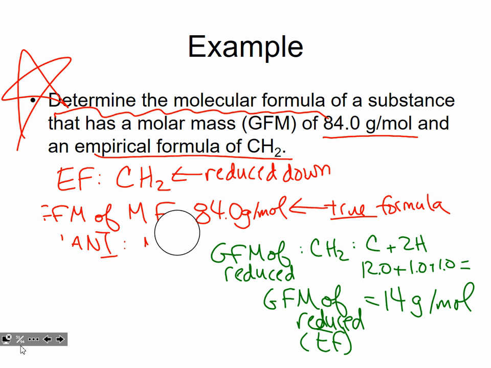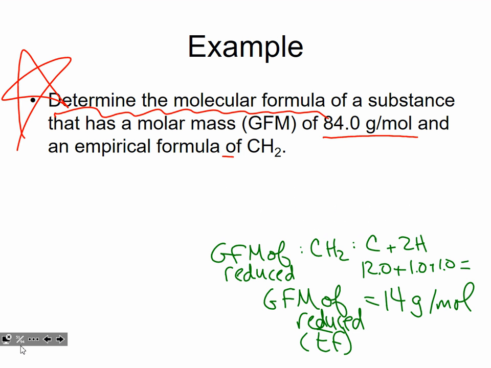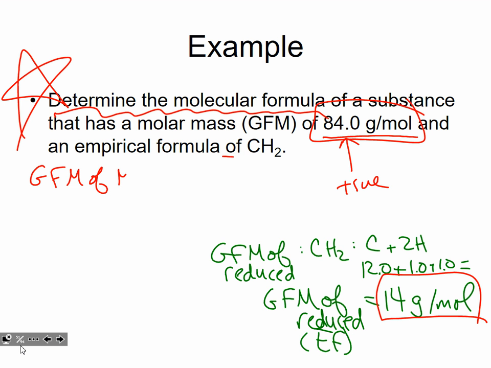So we know that the real thing, again, the real thing, true formula, weighs this much, and the reduced down thing weighs this much. So in order to get the common multiple, you're going to divide the gram formula mass of the molecular formula, the true thing, by the gram formula mass of the empirical formula. And this will tell you the multiple.